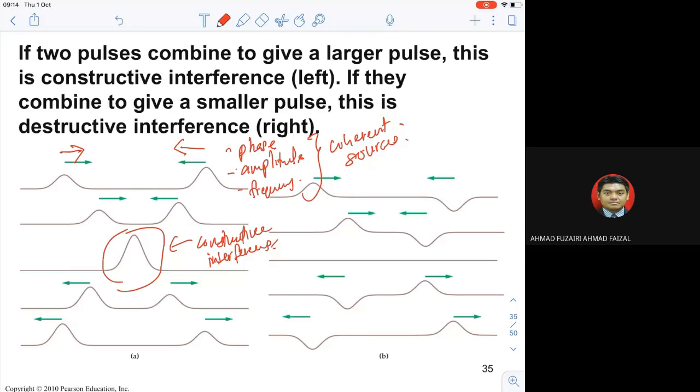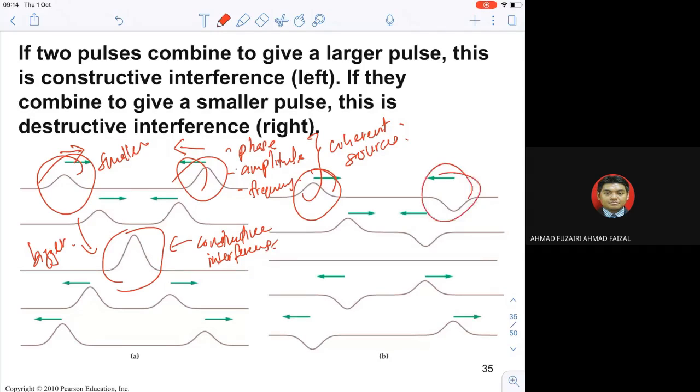Then look at the wave here. In the beginning, it's slightly smaller, and now, when they meet together, it becomes a bigger wave. So a bigger wave means constructive interference. Now look at part B. You see the crests are not actually in phase.